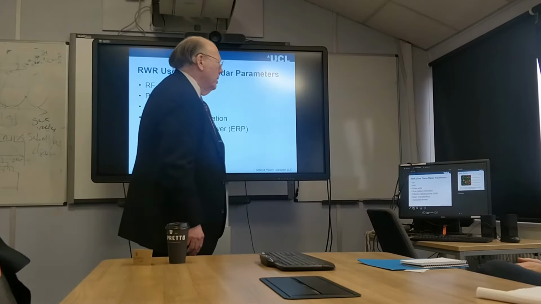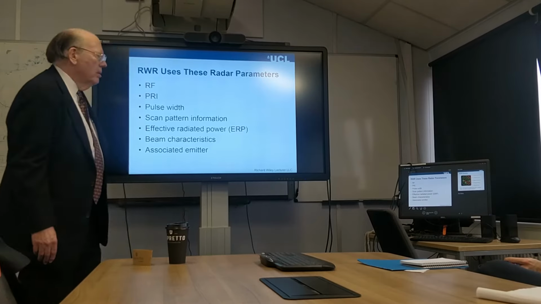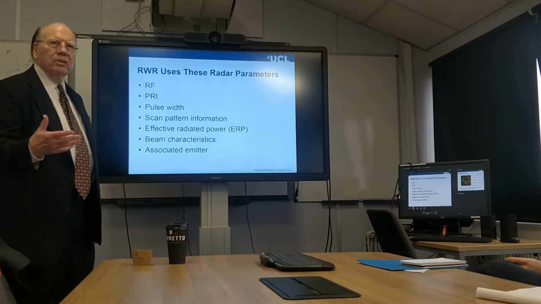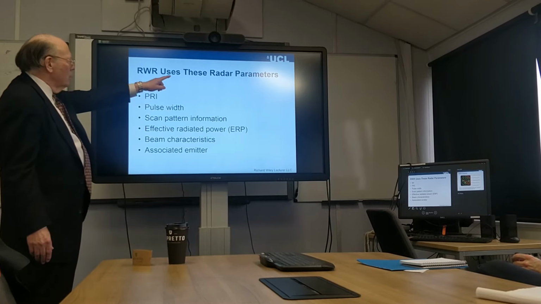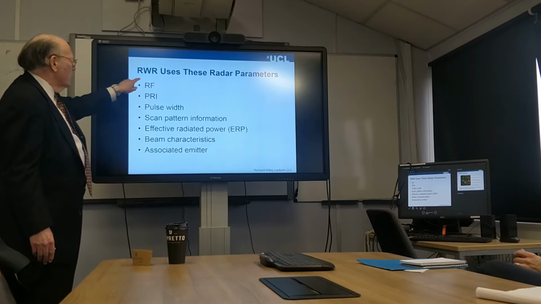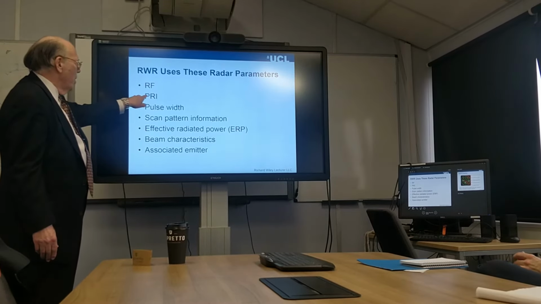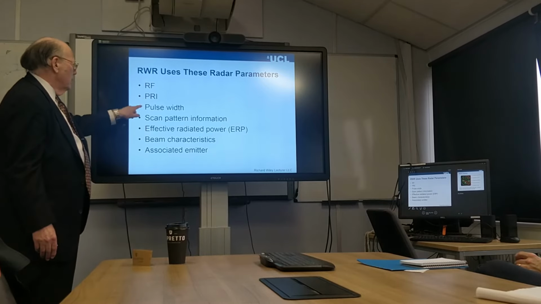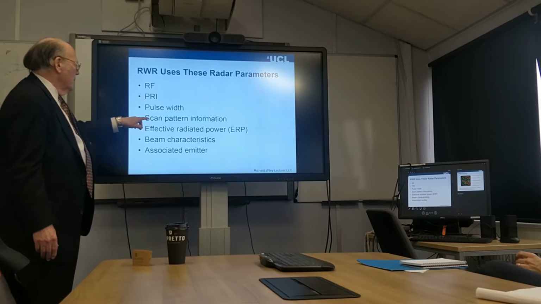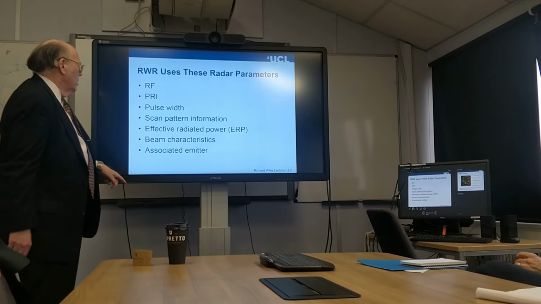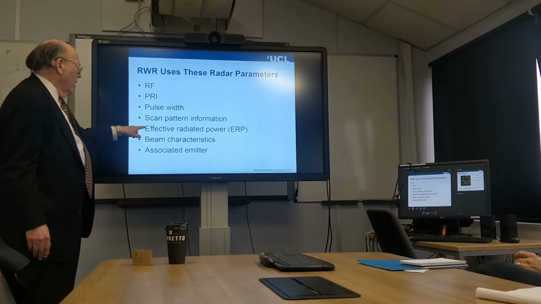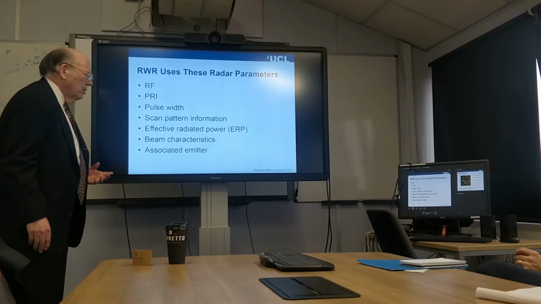So the radar warning receiver does analysis on the pulses that it receives, and what it uses are the radar parameters: radar frequency, the pulse repetition interval, the pulse width. It analyzes scan pattern information, and effective radiated power.